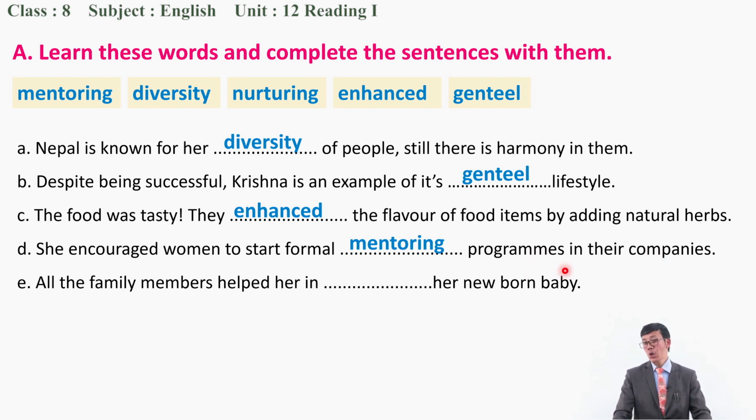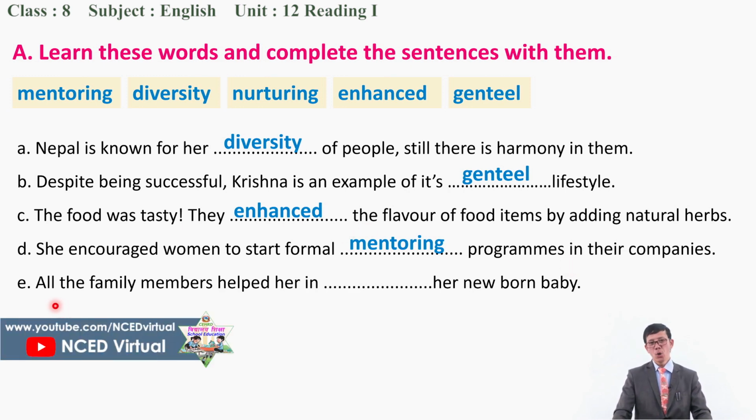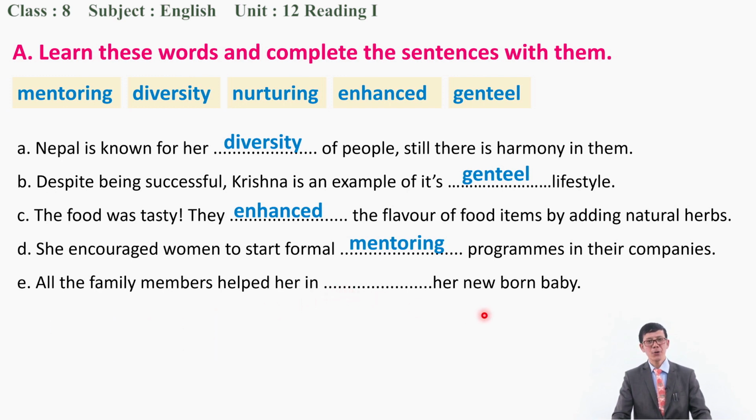Last but not the least, all the family members helped her in her newborn baby. So, what is that? Okay, that is nurturing. All the family members helped her in nurturing her newborn baby.